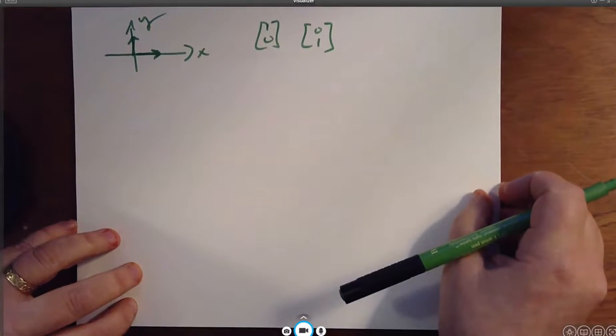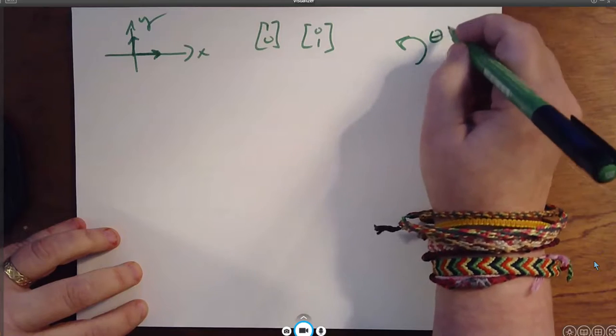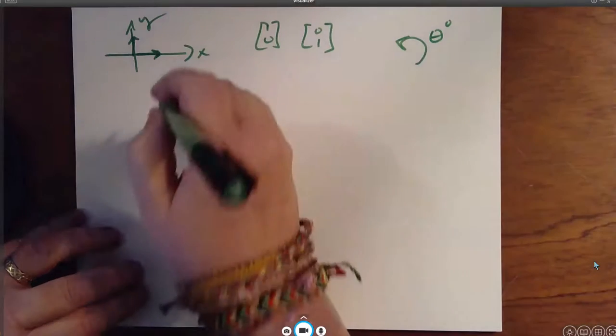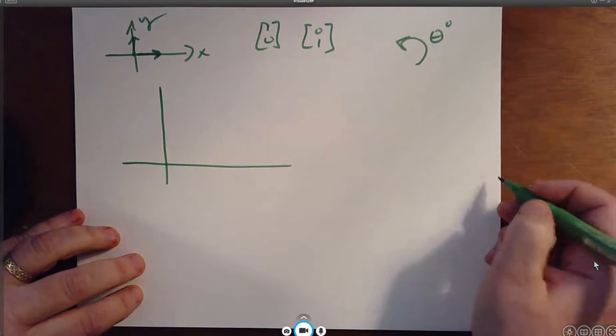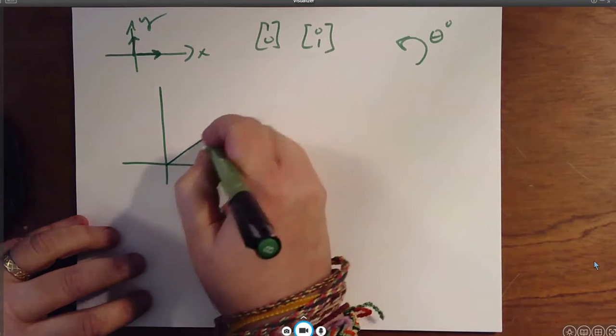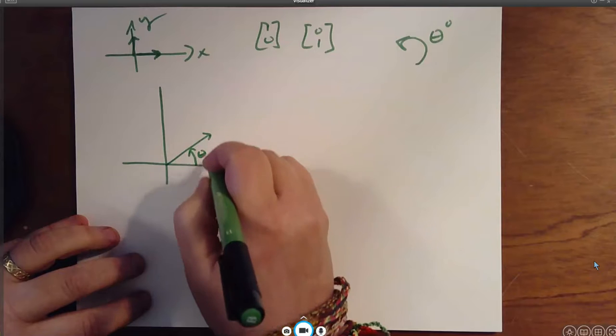Suppose we rotate the entire plane counterclockwise by theta degrees. So where do my vectors end up? So I rotate this up here. This is my theta.